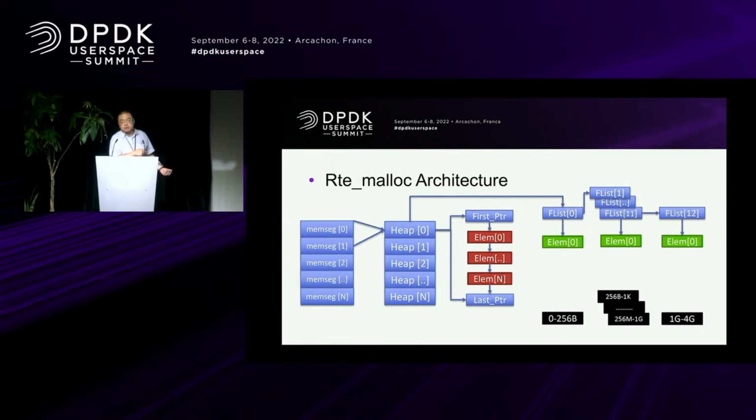This part of the logic is related to the memory segment list sorting processing. Then the allocator will get a new memory segment, put it in this heap, and all this list will have more free elements to use for allocation. That's very important. I will use this logic in the next part.